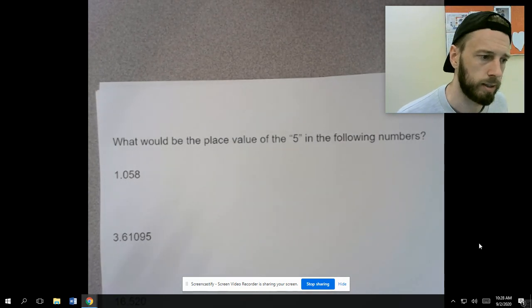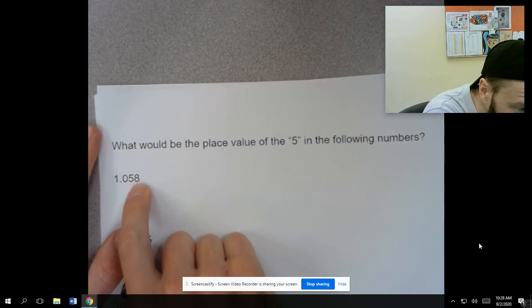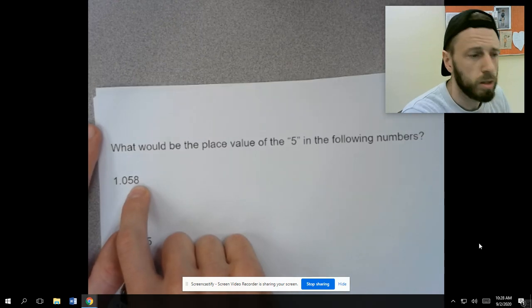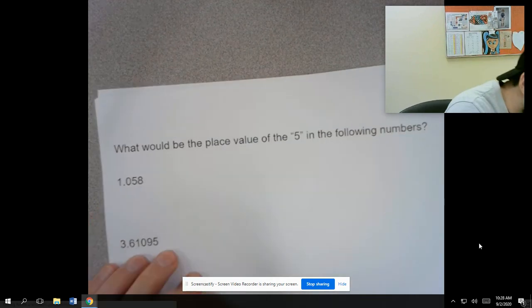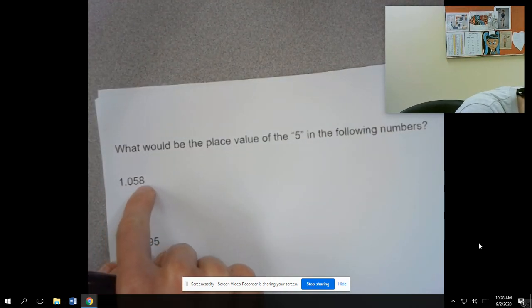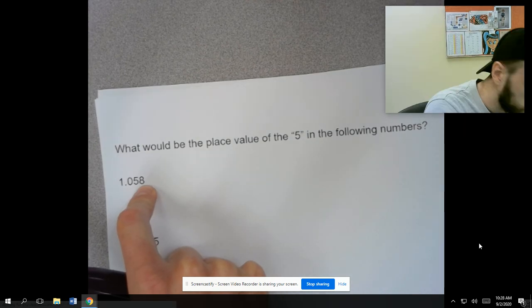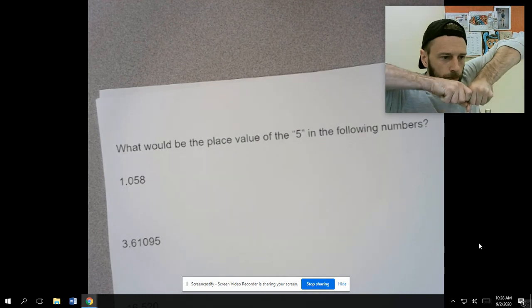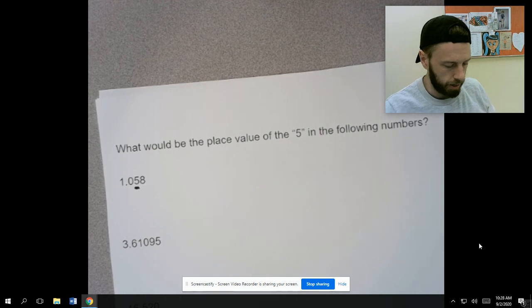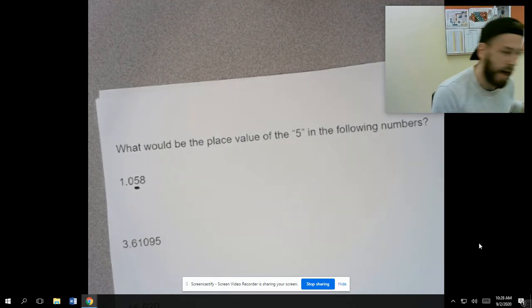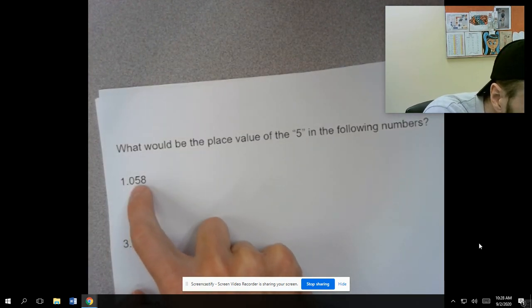You can use it anytime you need it, I promise. So you might get a question like this. Here's a number, 1 and 58 thousandths. We write 1.058, right? The reason I know it's 58 thousandths is because I know it goes 1, 2, 3 places to the right of that decimal, and I know it goes tenths, hundredths, thousandths. Okay, so what I'm going to do is find the value of this number right there. If I look at my place value chart, what place is 2 places over from the decimal?